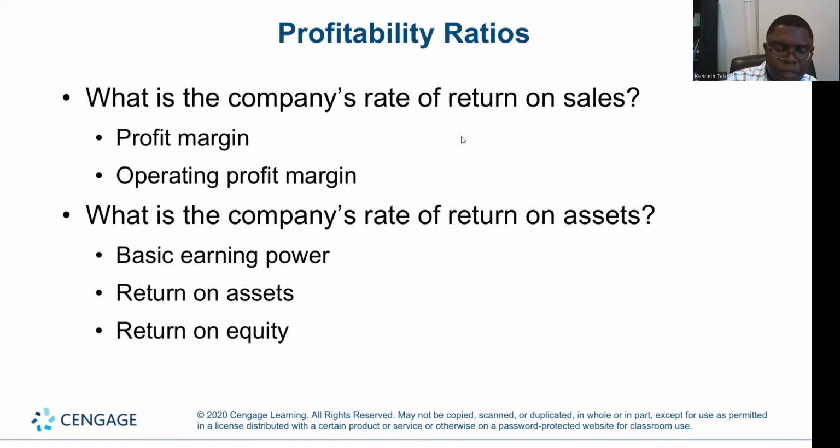So these first two, the profit margin and the operating profit margin, answer the question, what is the company's rate of return on sales? Then the other three ratios, the basic earning power, return on asset, and return on equity, answer the question, what is the company's rate of return on asset?